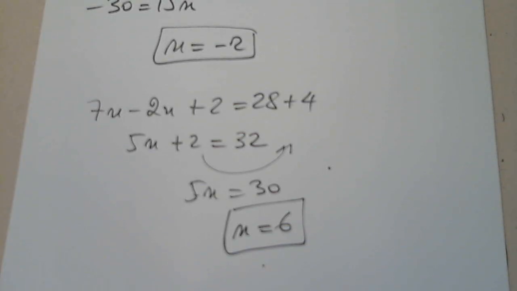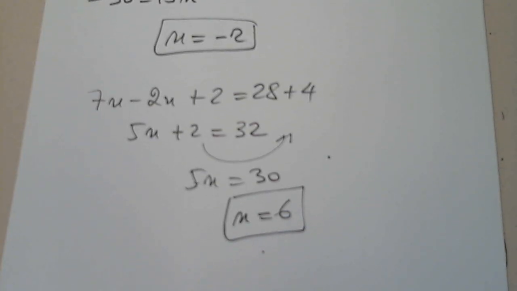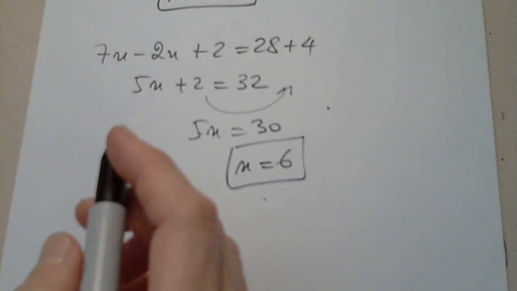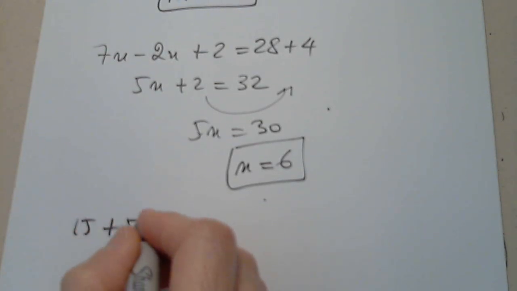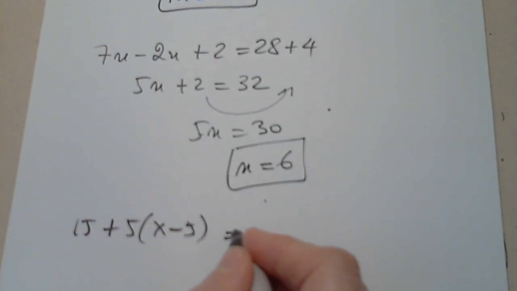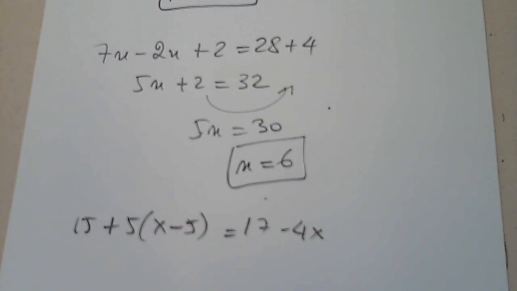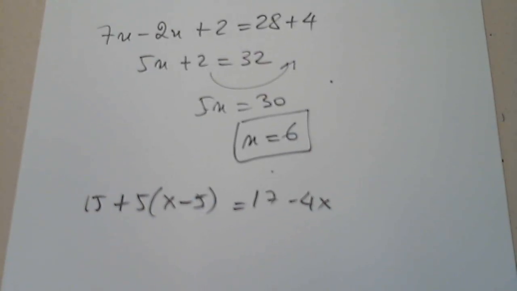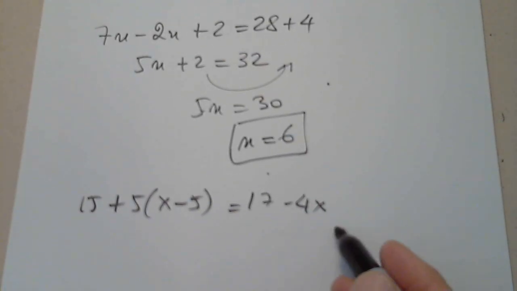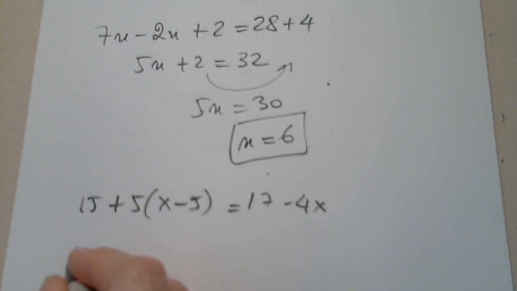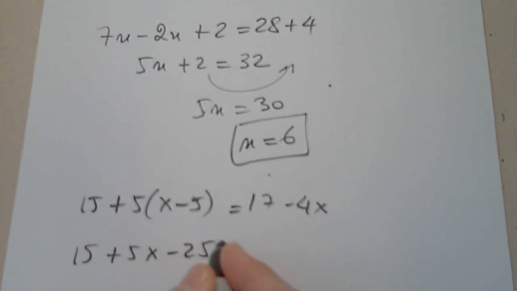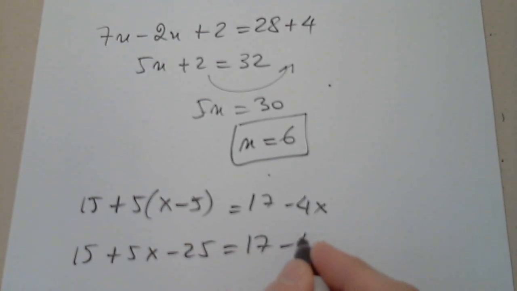So the following equation, and of course I highly recommend put it back in, make sure that it works. Good. So don't touch anything before you remove parentheses, and you clean up both sides. This is cleaned up, there is nothing there, but 15 plus 5x minus 25 equals 17 minus 4x.